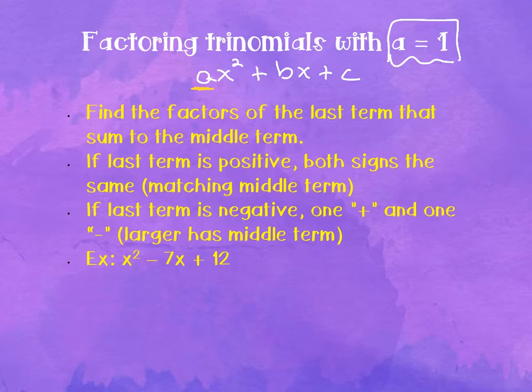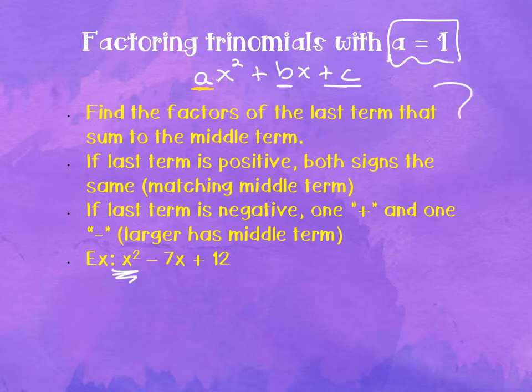I know this looks like a q, but this is an a. And then the number that is in front of x is your b, and the number without a letter is your c. This is standard form. So the beginning part of these notes are the easy trinomials where there's not a number in front of x squared.